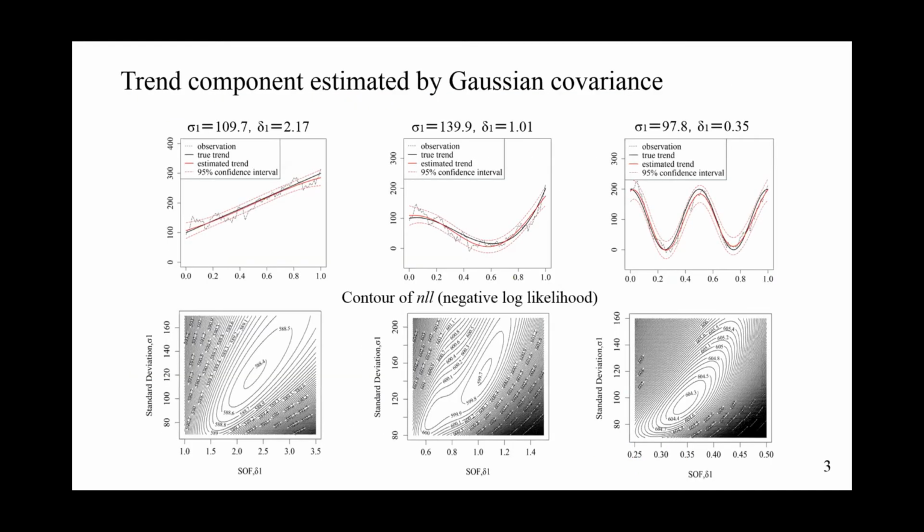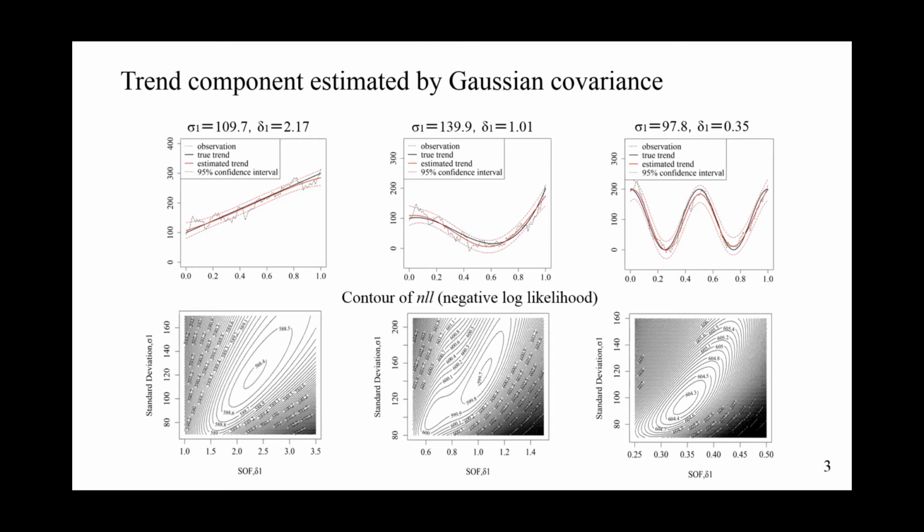Okay, this is the result. This is a contour map of the negative log likelihood: SOF versus standard deviation of the trend component. This is a negative log likelihood, so the minimum point means the maximum likelihood estimator, its values here. Using these values, we estimate the trend component.